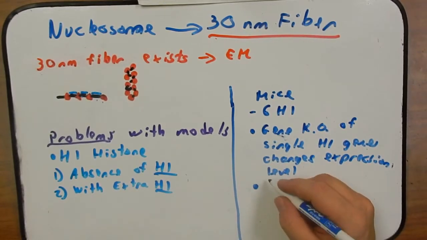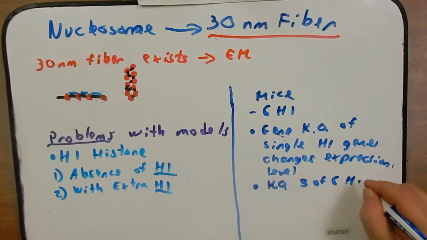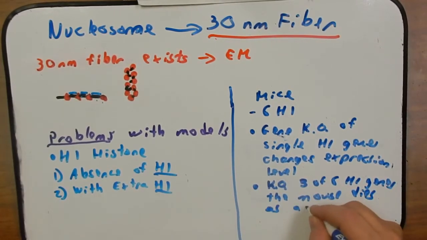So the next experiment really proved the importance of H1, I believe. And that is if you knock out 3 of the 6 H1 genes, the mouse dies as an embryo. So it's embryonic lethal, suggesting that these are really important. And when we want to propose models, then it's probably a pretty good idea to include them in those models.